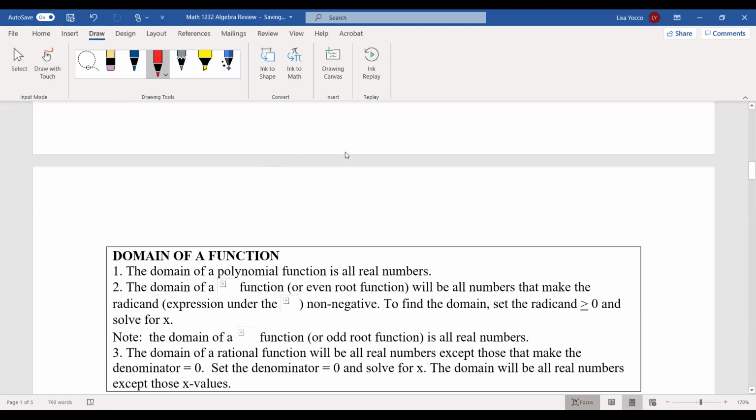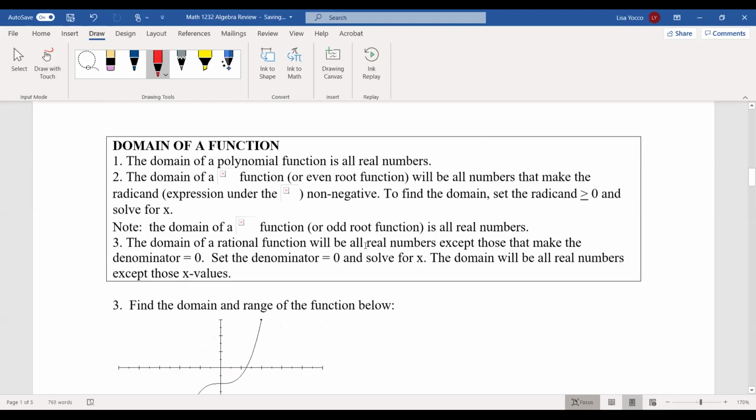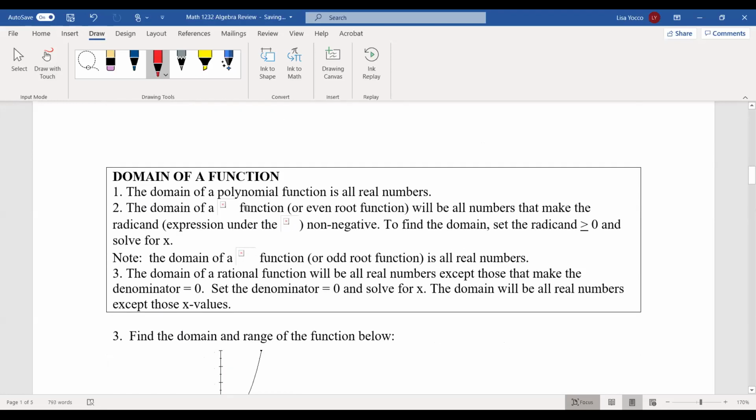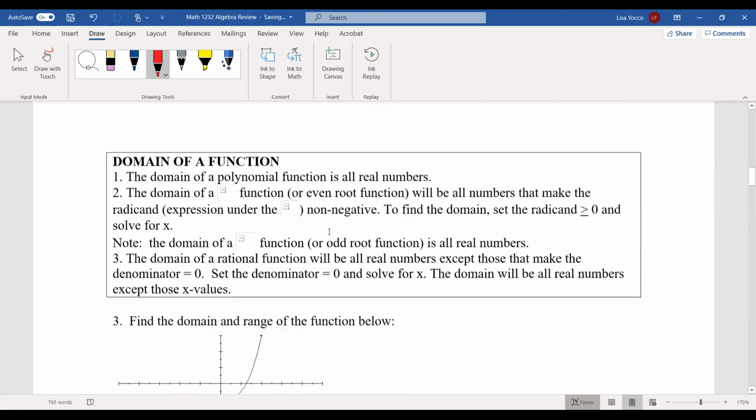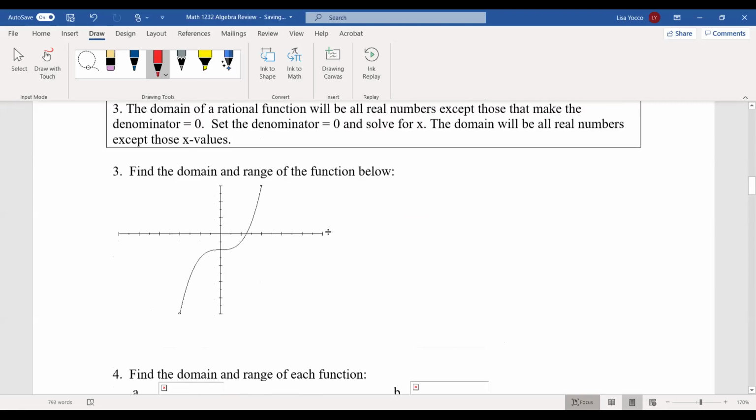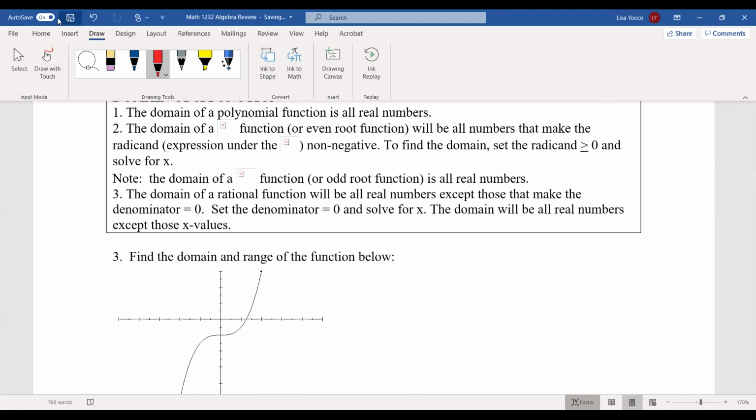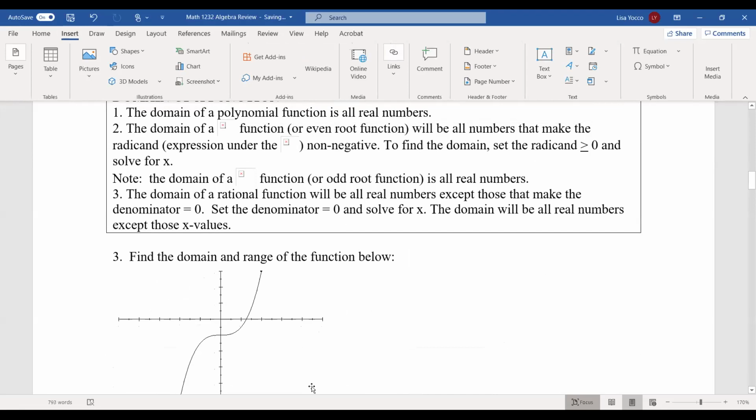Okay, I believe what's going on here is it's not recognizing some of my fonts. I know what it is, but I don't really know how to fix it at this point in time. Let me think.